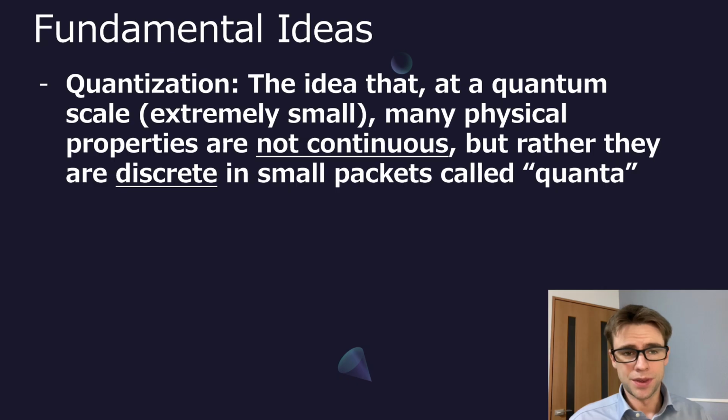Okay, so when we think about energy, we can't think about it as a continuous form of something. It is instead discrete. Same thing for energy levels inside the atom. It's not a continuous system of levels where an electron can be anywhere. It can be in very specific positions.